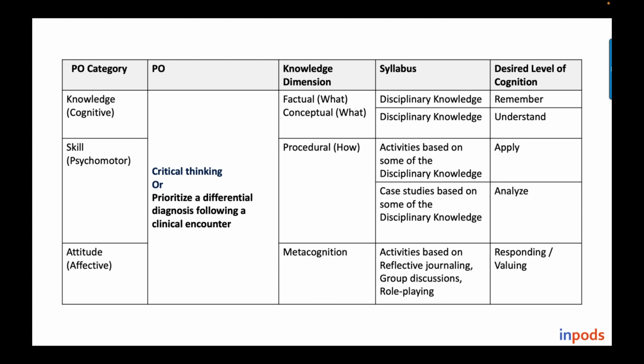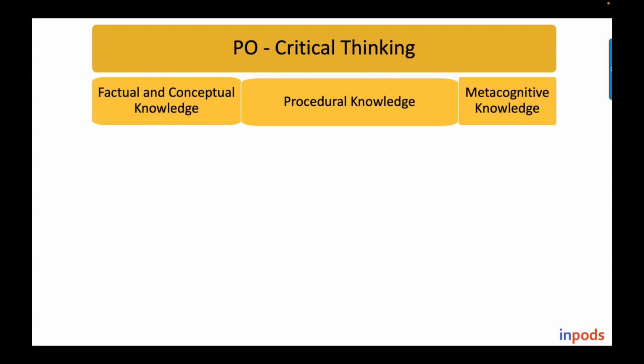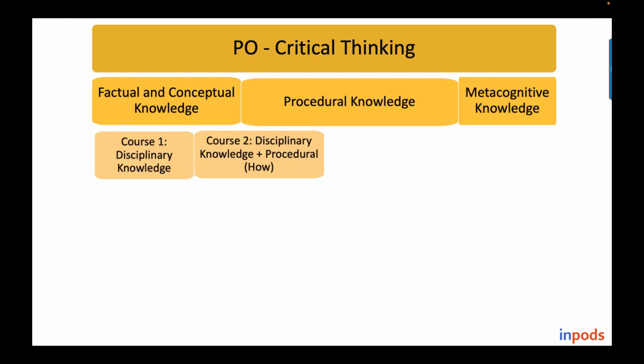So now, based on the time at hand, you will decide how I am going to deliver the factual and conceptual knowledge, right? Will one course be sufficient for that, or will I have to design two courses maybe? So one second course may span the factual, conceptual, and procedural knowledge also, right?